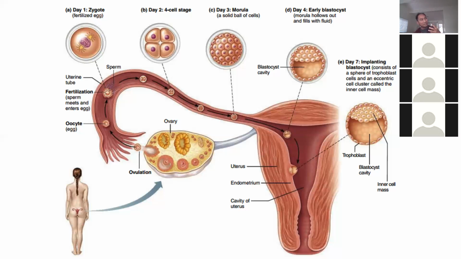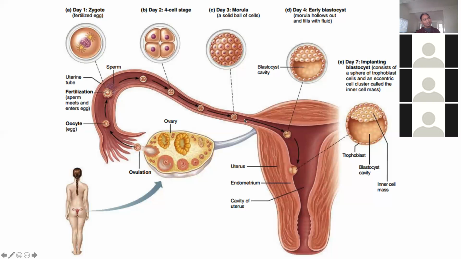This is very lighthearted, like a lady ovulating. This is the ovary, and this is the uterus. That's the fallopian tube. The fallopian tube is wide at the distal portion, and once it gets close to the uterus, it gradually becomes more and more narrow.